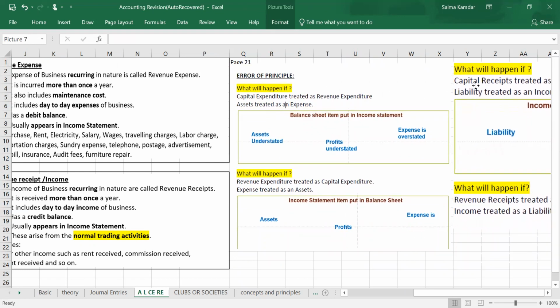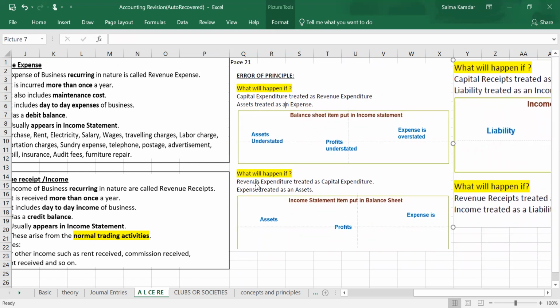So if you treat your revenue expenditure as capital expenditure, what will happen? Wait, let me think. Items in the income statement, like expenses, will be put to the balance sheet. Are assets in the income statement?